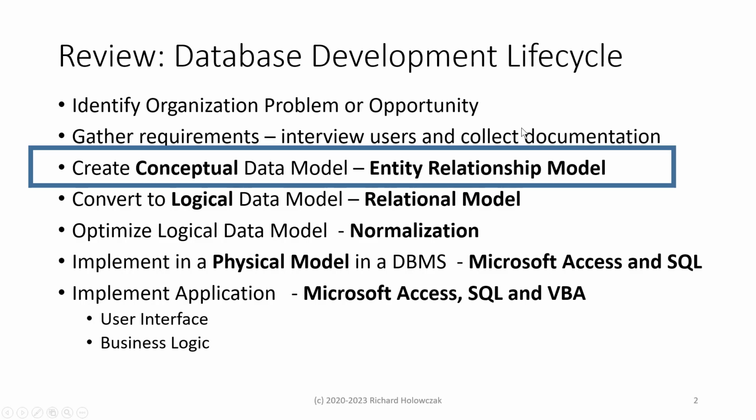If you've been following along with the lecture series, you've reviewed the database development lifecycle many times before, where we identify an organizational problem or opportunity, we gather requirements by interviewing users and collecting documentation, and then we create a conceptual data model called the Entity Relationship Model.